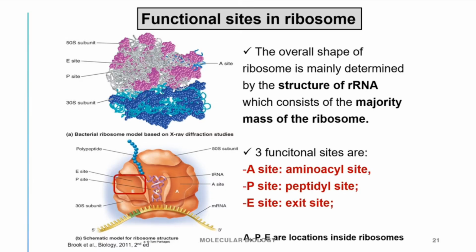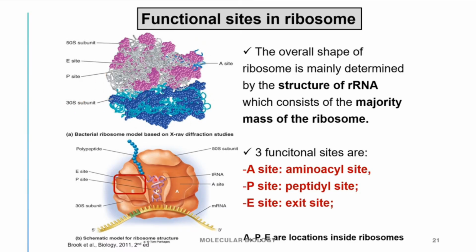Moving on, let's take a look at the functional sites in the ribosome. The overall shape of the ribosome is mainly determined by the structure of ribosomal RNA, which makes up the majority of the mass of the ribosome. The one that we're looking at is a bacterial ribosome. We have the 50S subunit, which is the large one, and the 30S subunit, which is the smaller subunit.